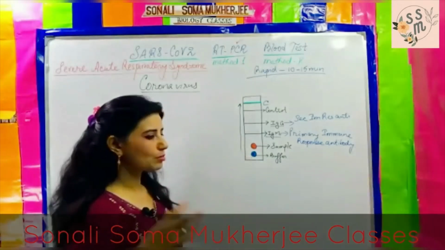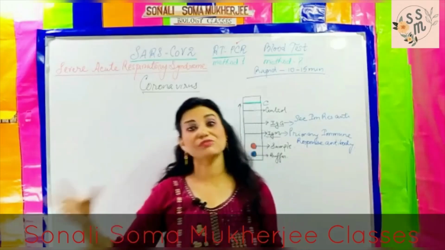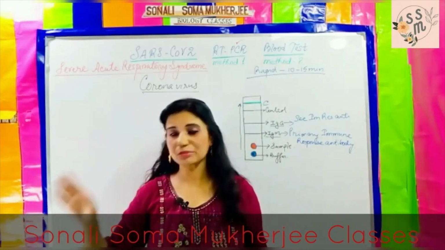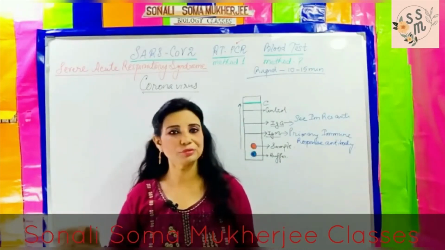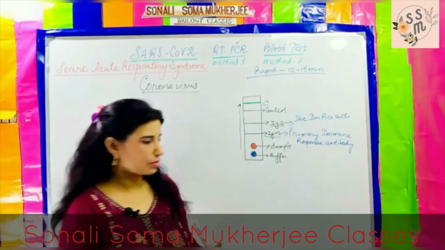Next fact is, each and every virus has a specific antibody. It means it is able to recognize, it signifies a particular antibody. In the case of coronavirus also, there is a specific antibody.